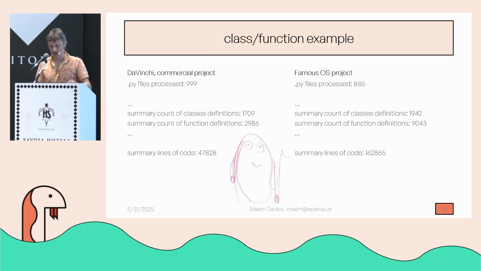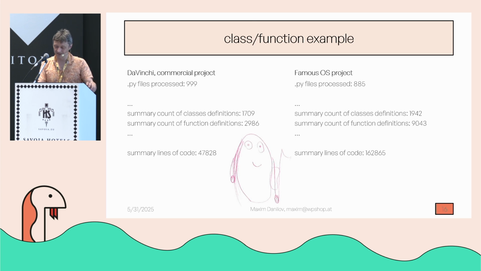Okay, for example, DaVinci, a commercial project, has 3,000 functions and around 2,000 classes. On the other side, we have a famous open source project which presents itself as object-oriented open source, but it has like 10,000 functions and only 2,000 classes.